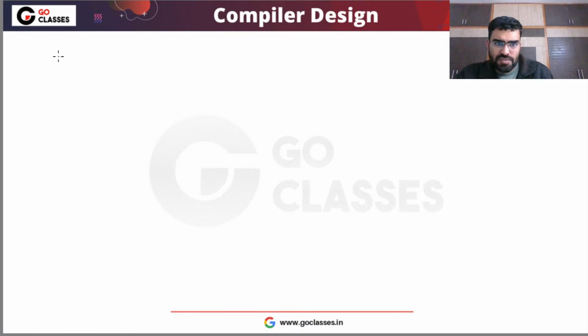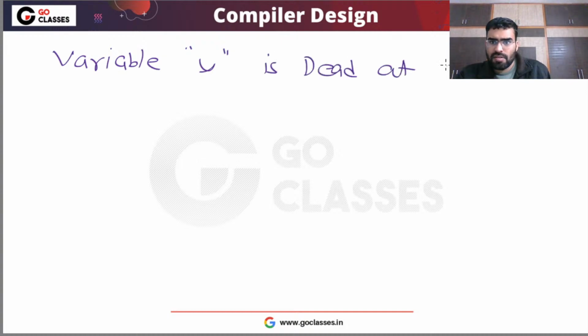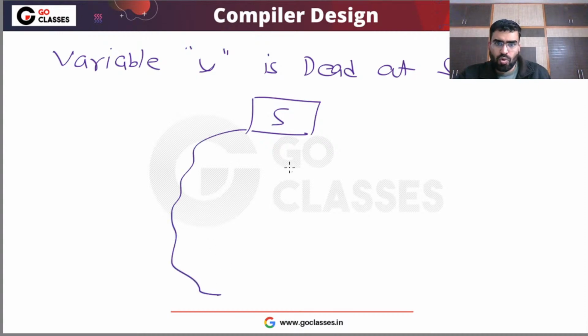Now when can we say a variable is dead? Variable y is dead at s. What does it mean? It means that on all the paths this type of situation is happening.